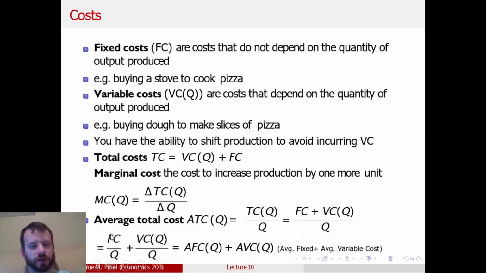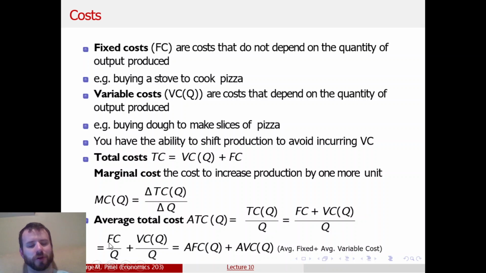If you take FC and divide it by a quantity, that's your average fixed cost, right? And if you take VC and divide it by quantity, that's your average variable cost. The reason I'm confident in saying that without formally defining it is you're just dividing by quantity. So if your fixed cost is $100 and you produce 10 units, your average fixed cost is going to be 10.